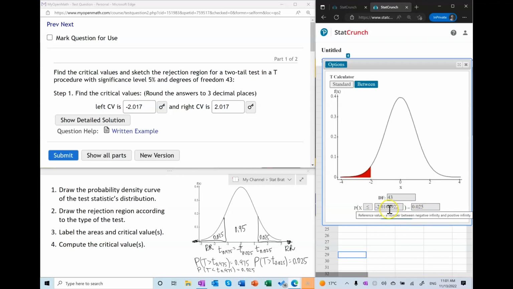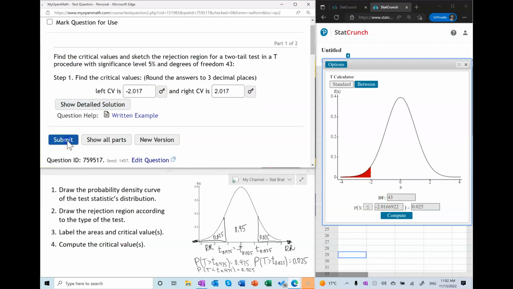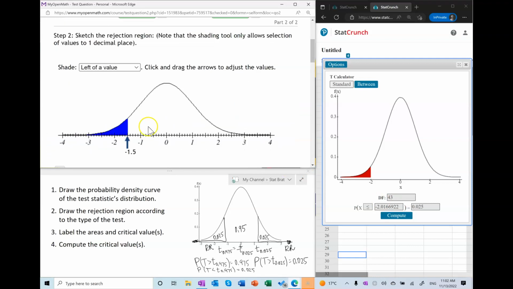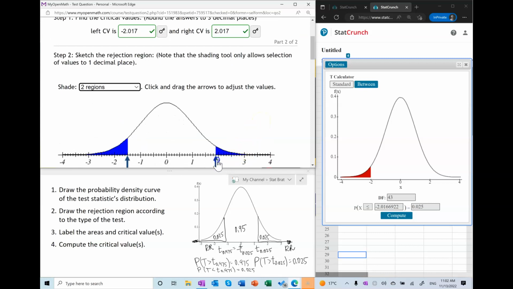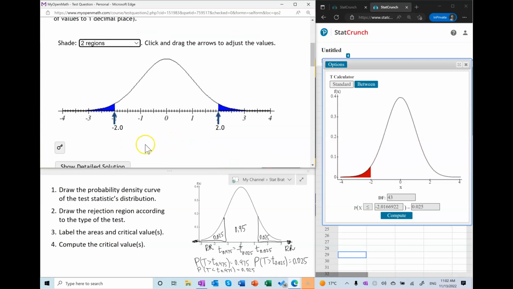And we could have also just flipped the sign of the right critical value to obtain that value. So there's more than one way to make sure you got the right answer. So let's submit this and let's draw the rejection region. It's a two-tail test, so rounding everything to 1 decimal gives us this rejection region.